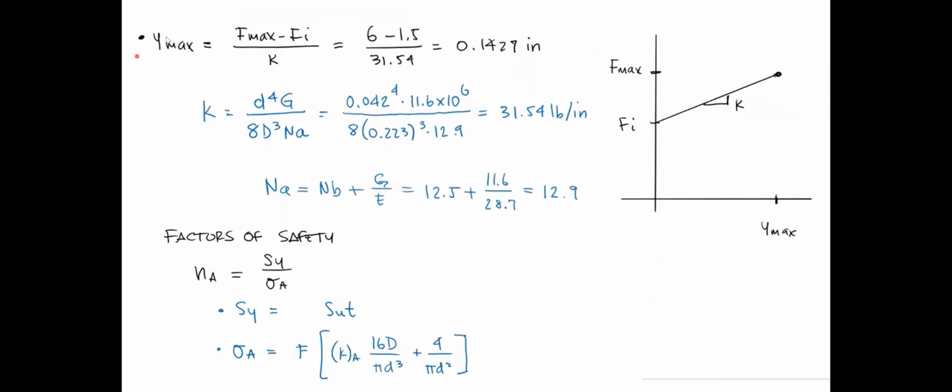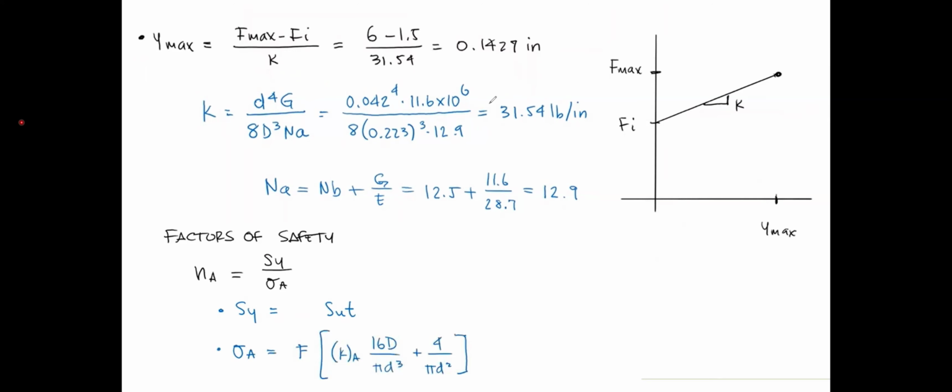And Y max equals the force divided by the spring constant, right? The force equals F max, the maximum force, minus the initial force, divided by K. K depends on the material's properties and the dimensions, so we can figure out the K parameter and plug it in. So Y max, the maximum deflection, equals 0.1427 inch.